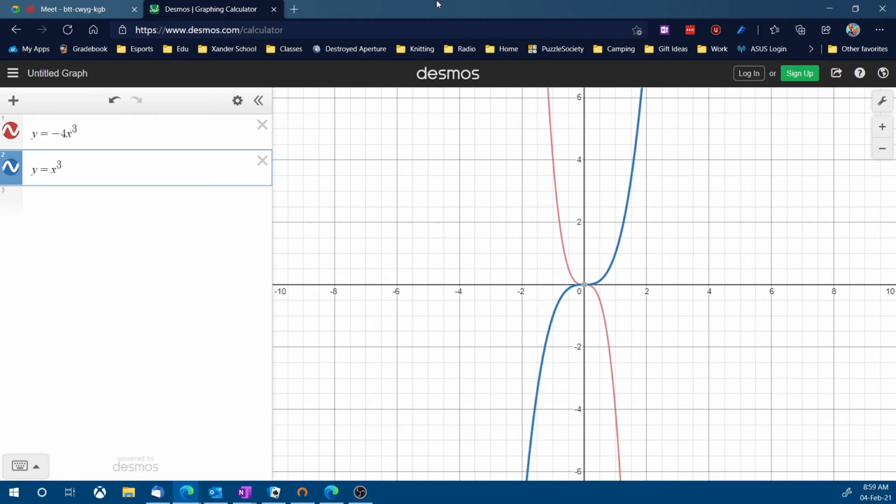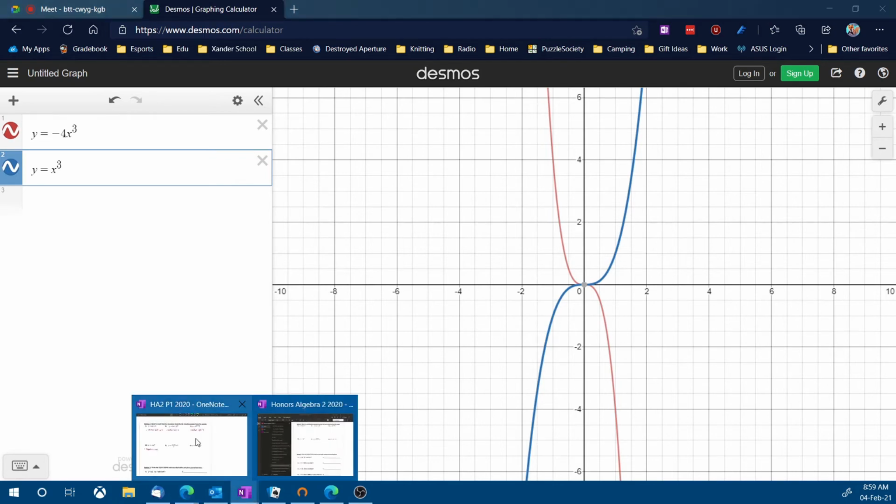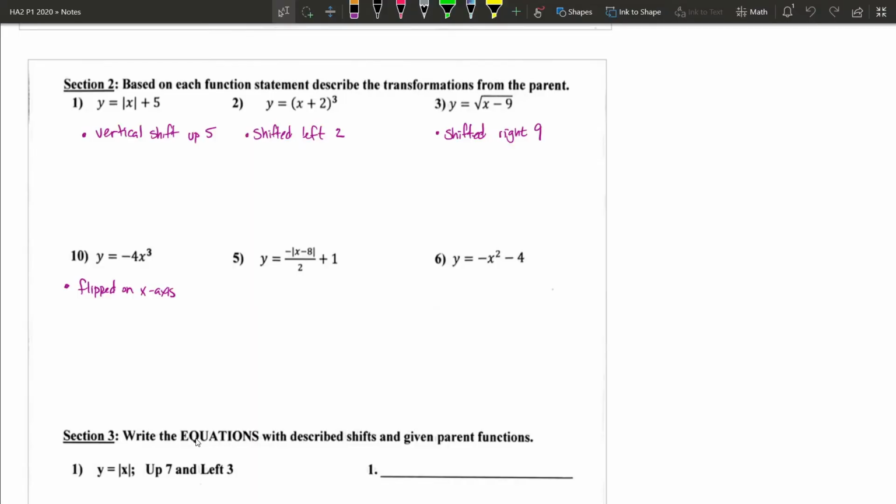So back in my notes, I'm going to say it's flipped on the x-axis. We flipped it upside down. You also, if we want to be precise, it is stretched vertically by 4. It's 4 times as steep.